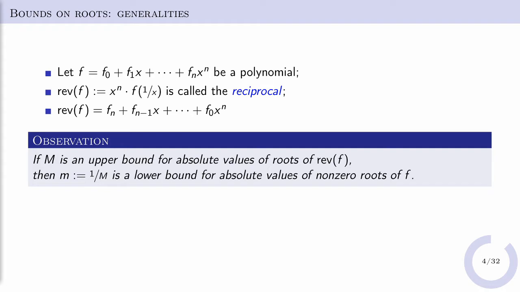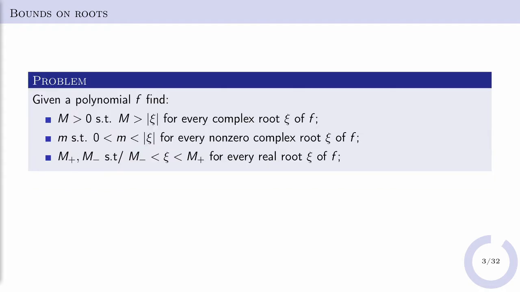So if we return to our list of tasks, it's enough to devise a method for solving the first task, because then we automatically have a method to solve the second task. These two tasks are dual to each other. If we know how to solve one of them, we know how to solve the other one.